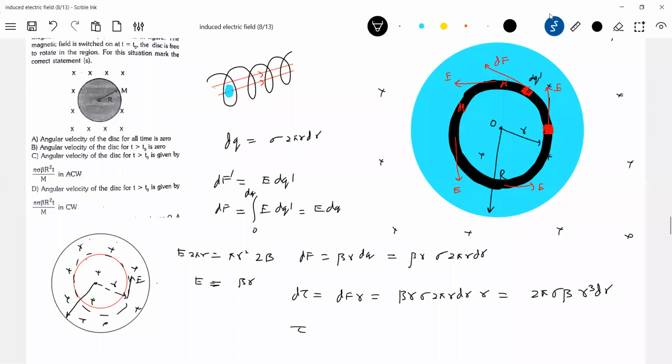Let's calculate the total torque acting on the disk. d tau is equal to 2 pi sigma beta r cube dr. Where are all the charges present? From 0 to capital R. So the net torque acting on the disk will be 2 pi sigma beta R to the power of 4 by 4.